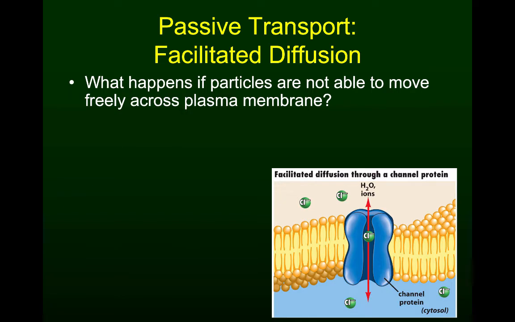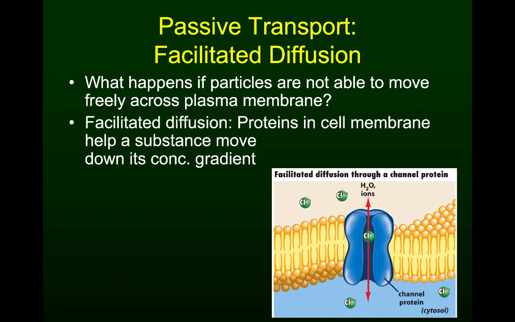So in the case of particles that are hydrophilic, particles like ions, amino acids, carbohydrates, proteins, those things are not able to cross the bilayer directly because they are hydrophilic, and of course the bilayer is primarily hydrophobic. So if those particles need to get into a cell or out of a cell without the use of energy, we're going to be dealing with facilitated diffusion.